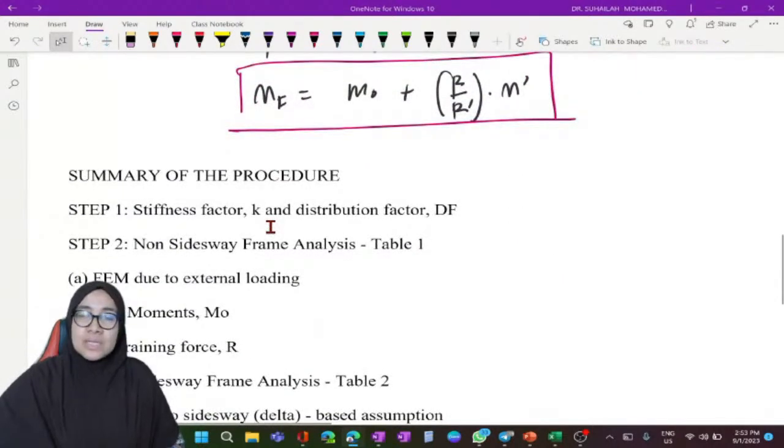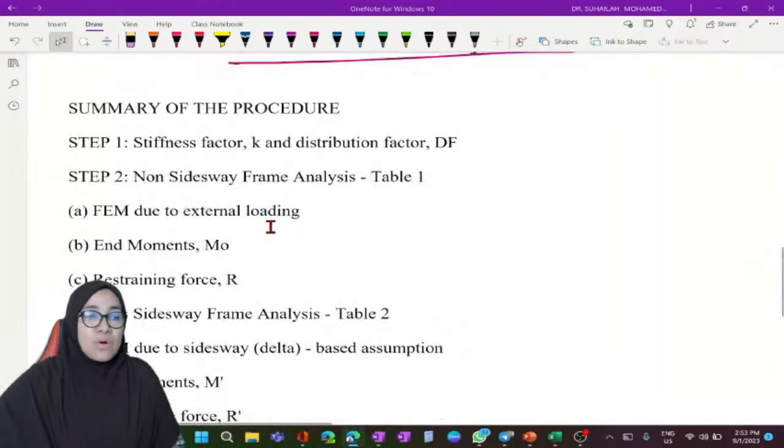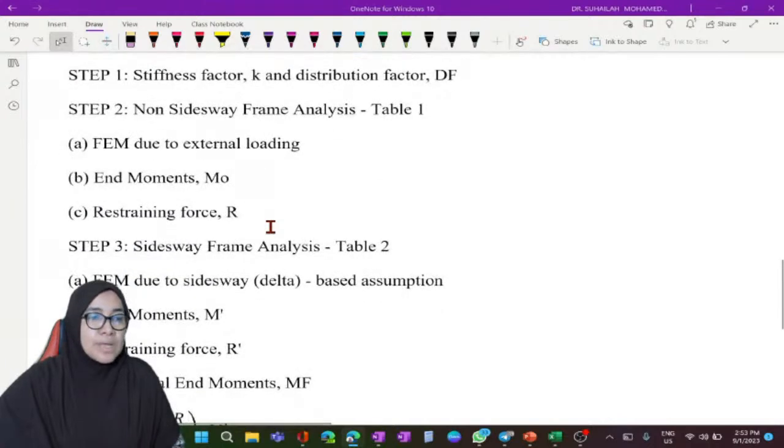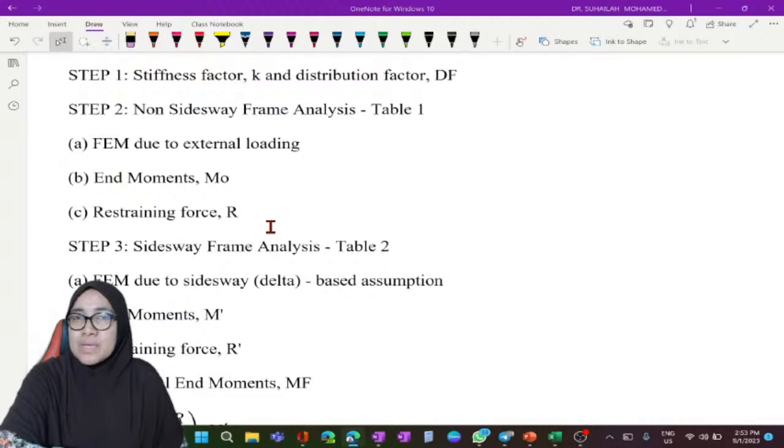And I have actually summarized the procedure for analyzing a frame with sidesway, okay, using 4 steps. Step number 1, we will start with calculating stiffness factor and distribution factor. Of course, this distribution factor will be used in both table number 1 and table number 2. For step number 2, we analyze first the non-sway frame.